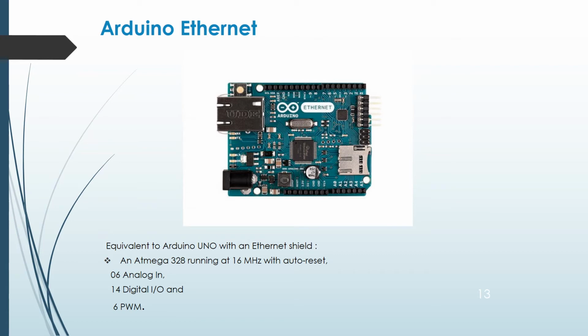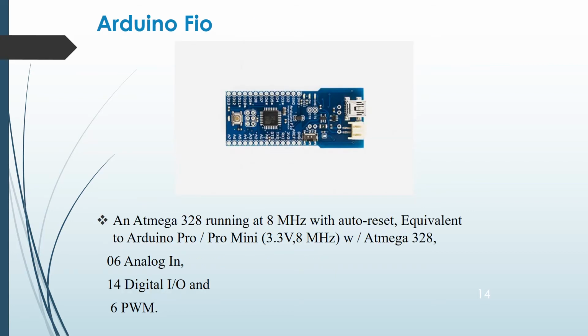Next is Arduino Ethernet, which is equivalent to your Arduino Uno, which is having an Ethernet shield along with it. So ATmega328 running at 16 MHz with auto reset, having 6 analog inputs, 14 digital input outputs, and 6 PWM.